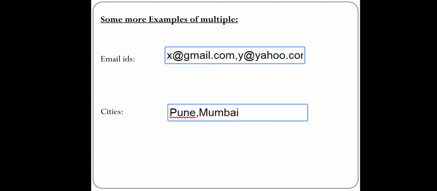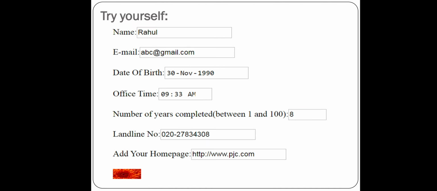If you feel that this is difficult, you can go through the videos again and again to get the solution. Now, in the next slide, I have given you one assignment. Take it as homework, and I want you to give me the code for this particular output or web page.